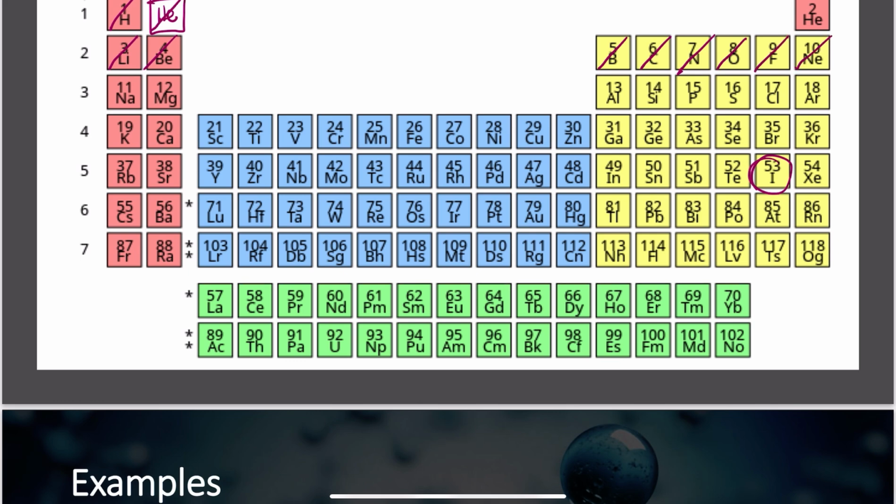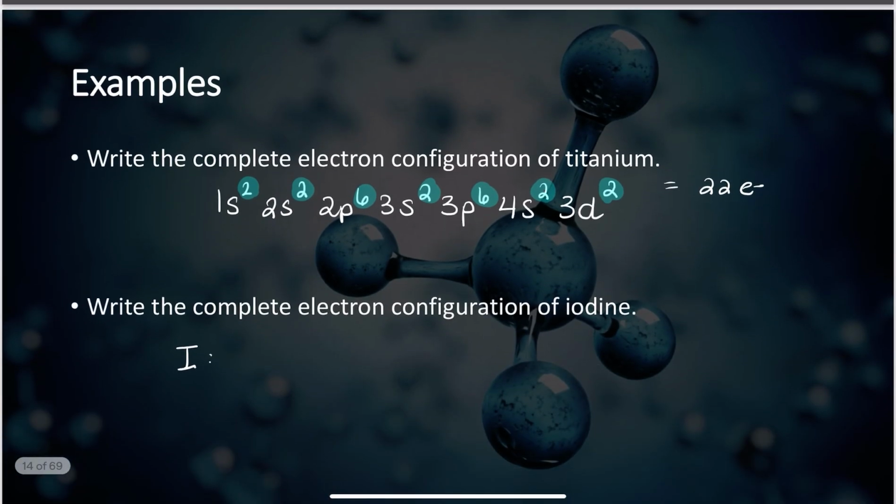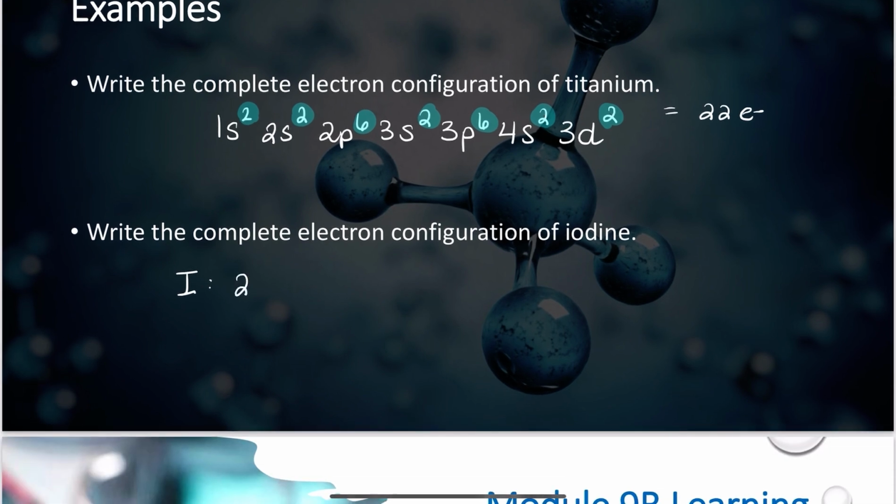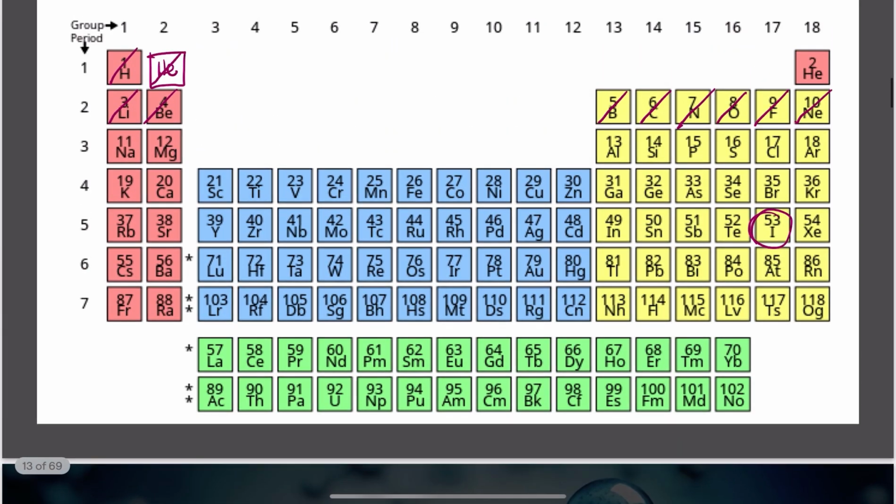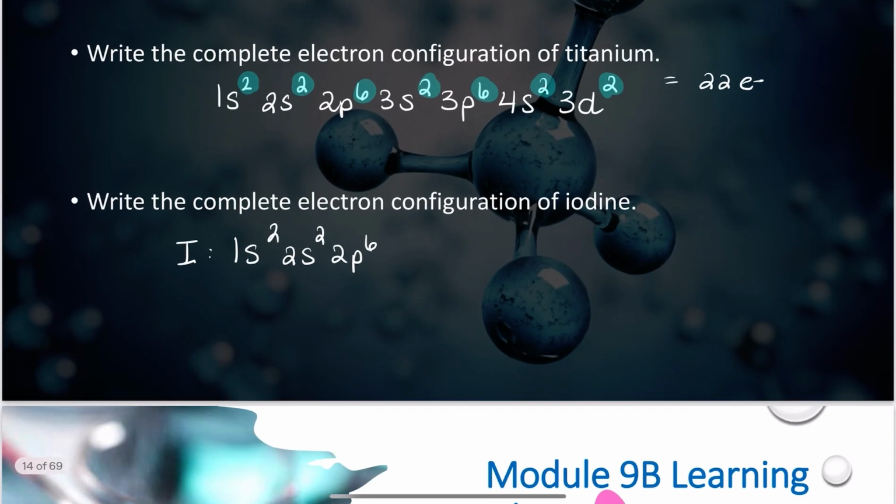I'm going to write those down in pieces, because I forget the numbers otherwise. 1s2, 2s2, 2p6, 3s1, 3s2, 3p1, 3p2, 3p3, 3p4, 3p5, 3p6. Okay, so 3s2, 3p6.